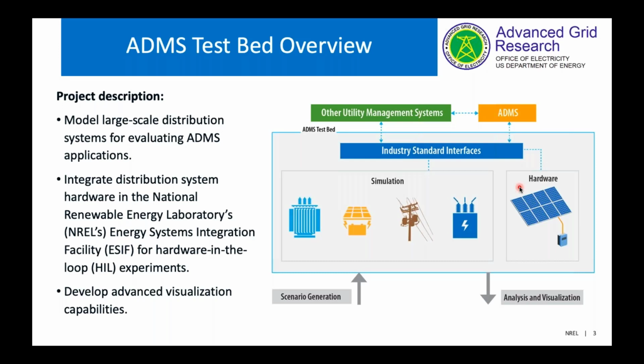But at the end of the day, the overall box actually shows the 2 simulations together, which we call a co-simulation environment, presented to the management system, in this case the ADMS, as a real utility feeder so that they can run different applications or algorithms on this particular test network.